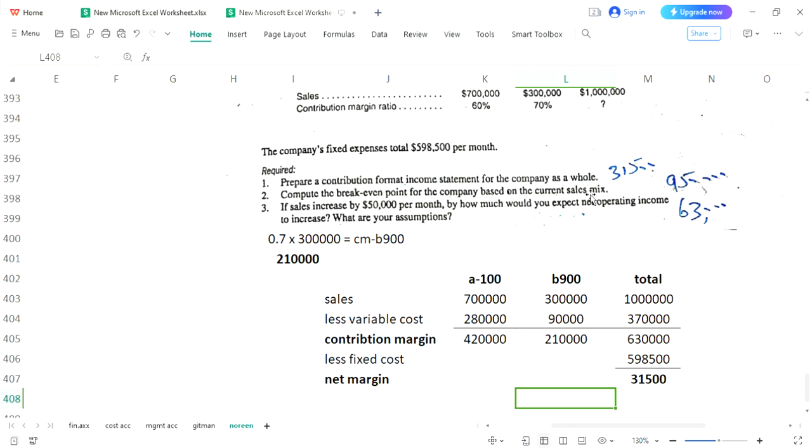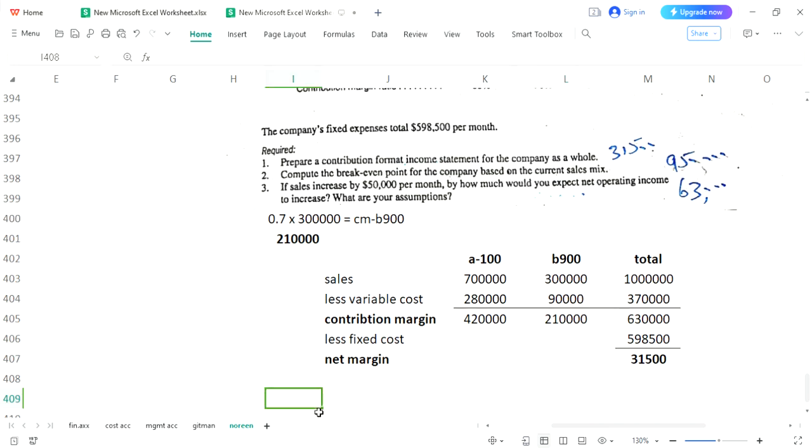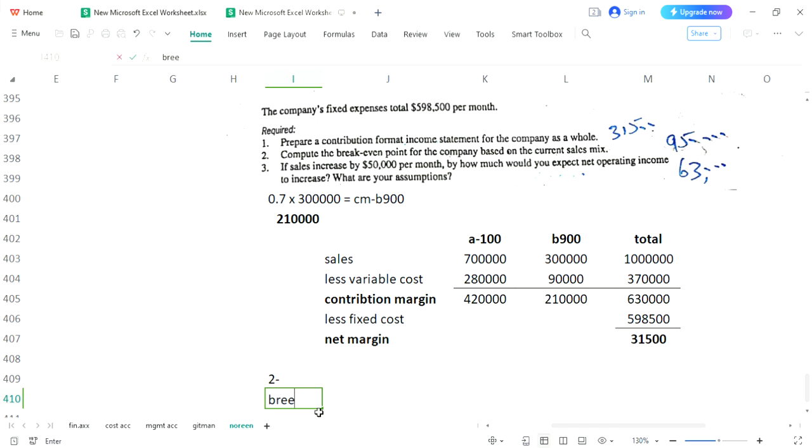Sale is very important. So you have two formulas: break-even point in terms of units, and in terms of amount. Since sales is written, you need to calculate break-even point in terms of sales. How do you calculate break-even point in terms of dollar or amount?